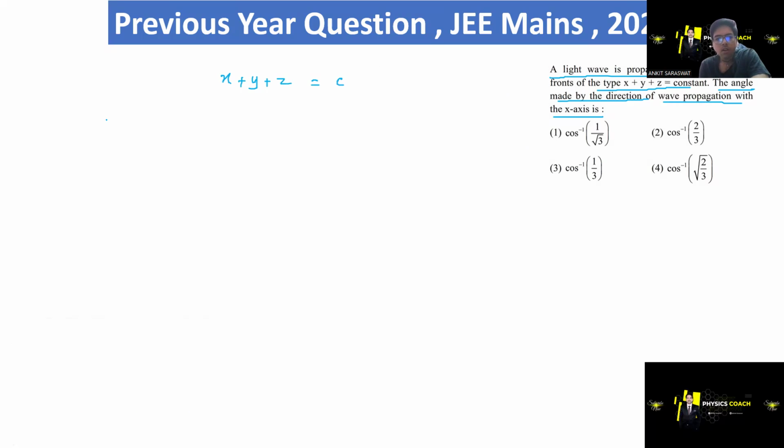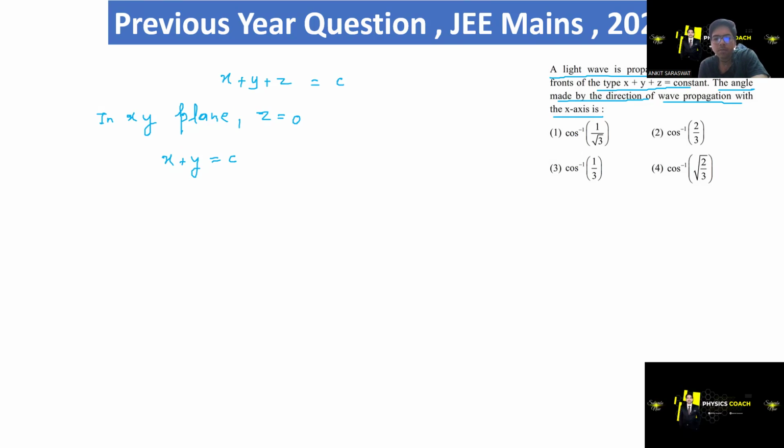Okay. In the xy plane, what is zero? Z is zero. Then what we will get? X plus y plus z is equal to c.